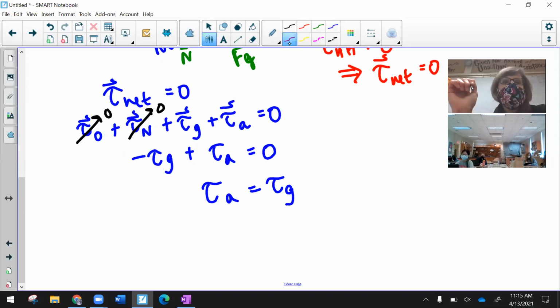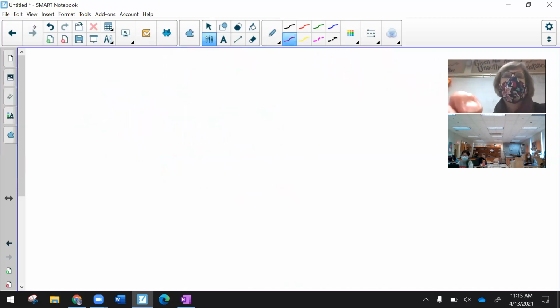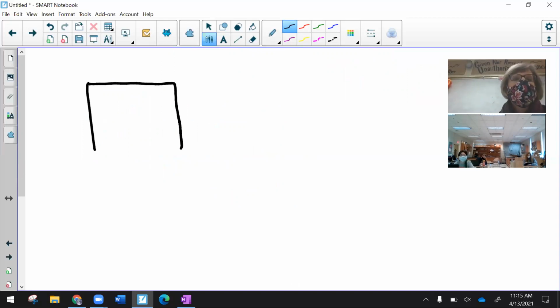Now we're going to have to go all geometry. Okay, so let's take a little side trip over here. Again, I have my crate. Remember that my crate is 0.750 meters on a side.